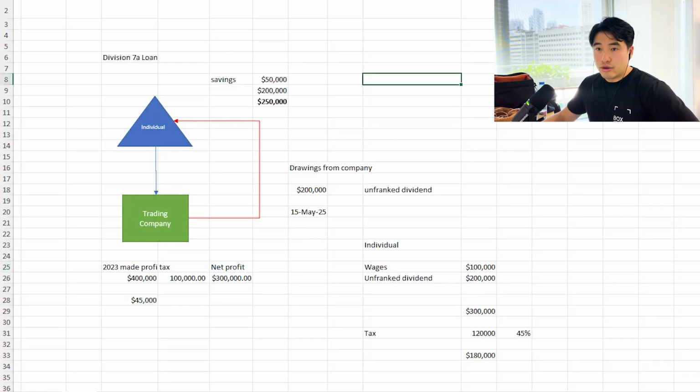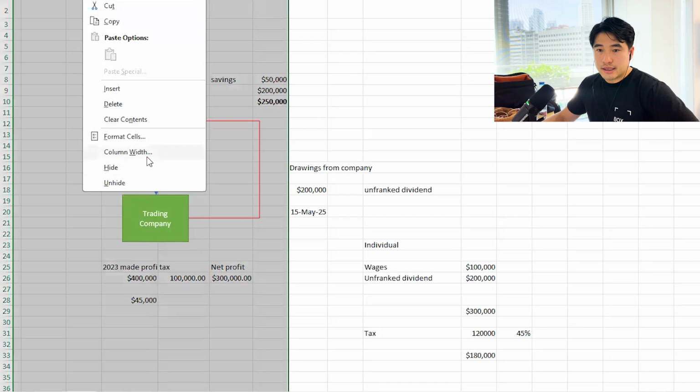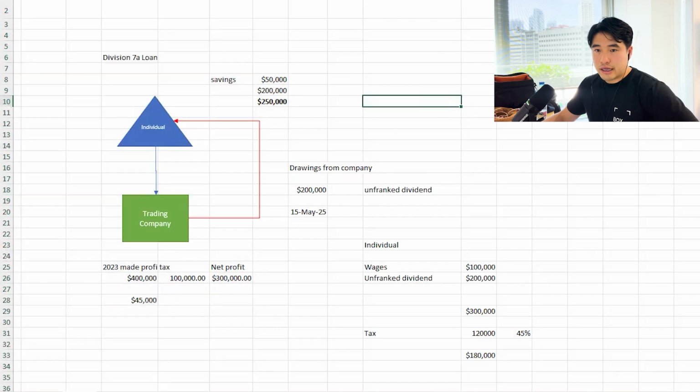So the same problem also exists if you have a trust. Let me quickly explain that. A lot of people think, oh, I have a trust, it's fine, I can just send the money into a trust.